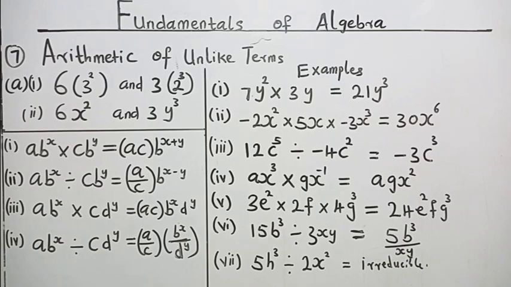No common factor among the constants and no similarity among the symbols. Because of that, that condition attached to division of unlike terms will hold. When this happens, the answer is just as good as the operation. We then conclude that 5h to the power 3 divided by 2x to the power 2 is irreducible.